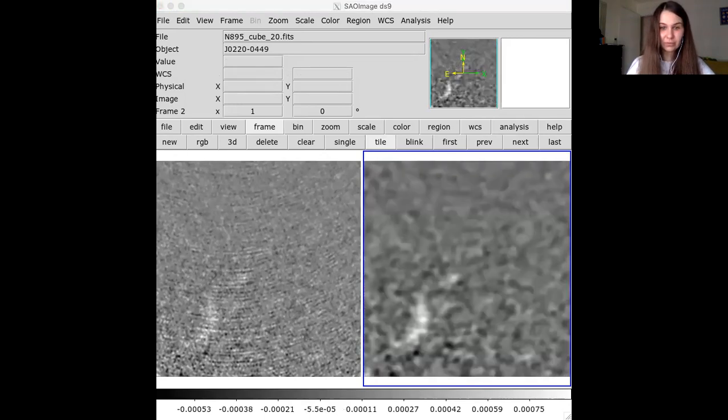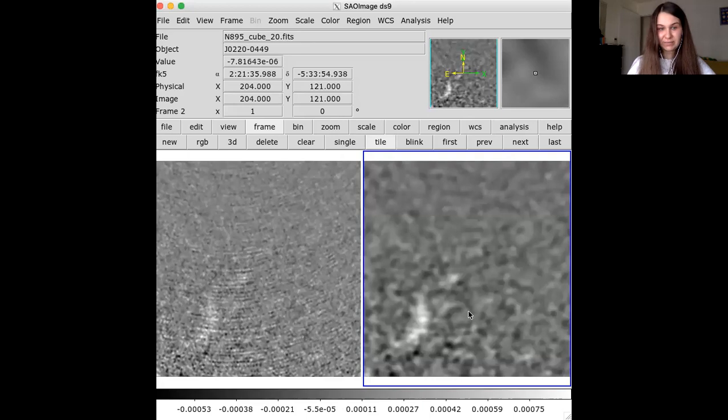This is the same channel. This is a cubelet of our original resolution, 12 by 10 arc seconds, and this is the cubelet of the new smoothed one. You immediately see that this tail of emission is much more prominent and stands out much more in comparison to the background noise.